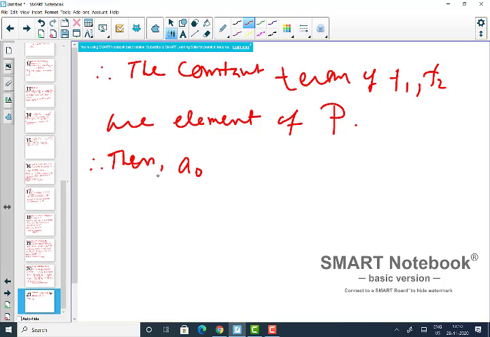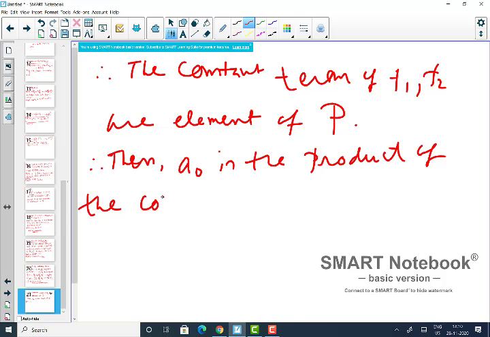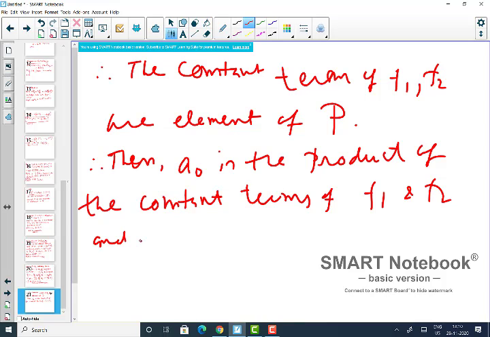The constant term of f is the product of the constant terms of f1 and f2, and so a0 belongs to P squared. Because the constant term of f1 is an element of P, the constant term of f2 is an element of P, so the product has to be an element of P squared.